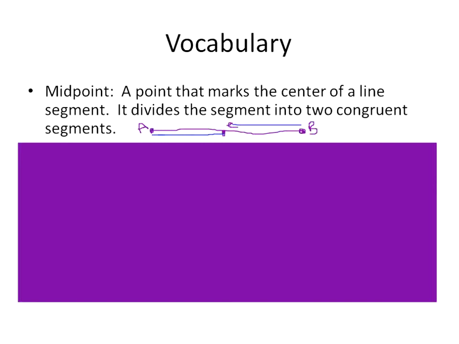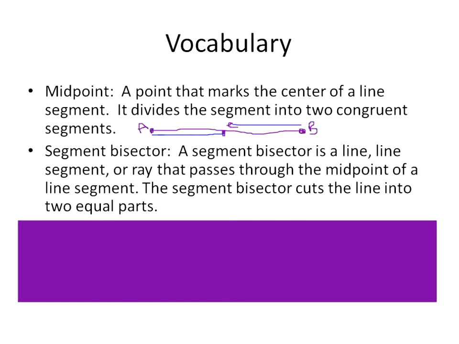I'm going to go ahead and give you the rest of this. I want to get those last couple things done before we go. If we have a segment bisector, that's just about the same thing as a midpoint. The midpoint is just a point that's taken at that place.